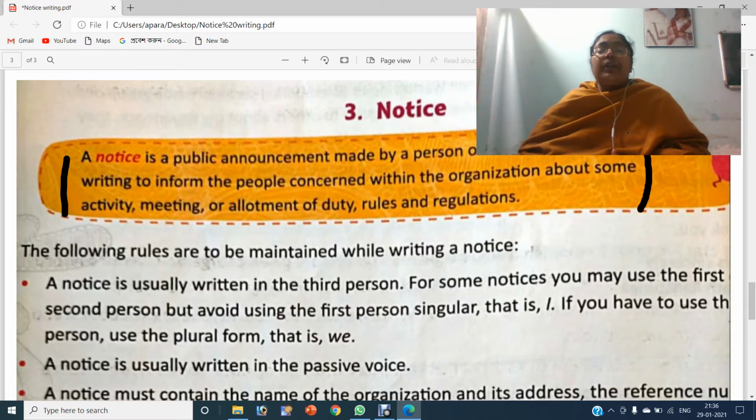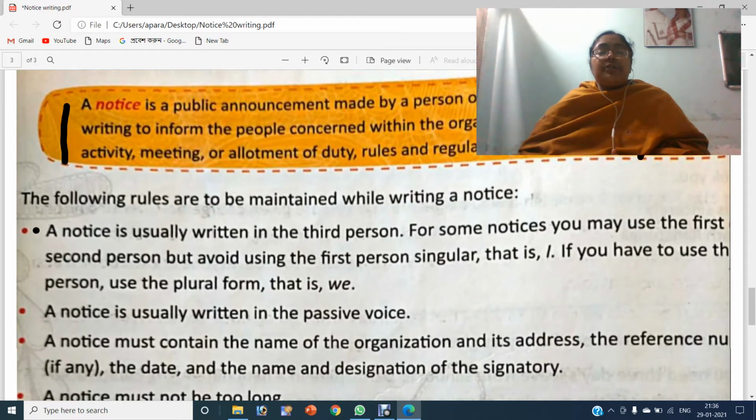Now see, the following rules are to be maintained while writing a notice. So what are the rules that are written in your book? We have to follow those. I have said it to you all, but still we will go through the rules which are given in your book. Just see the first one.